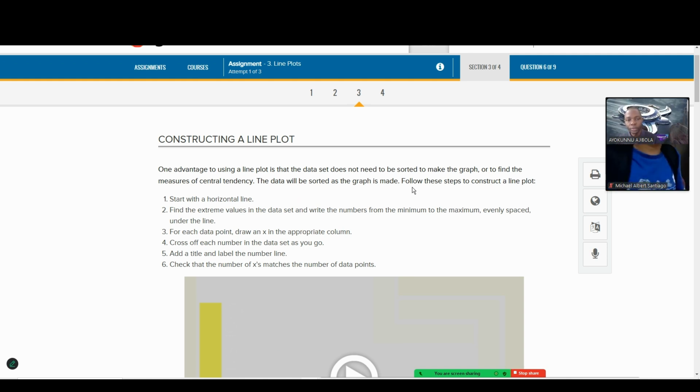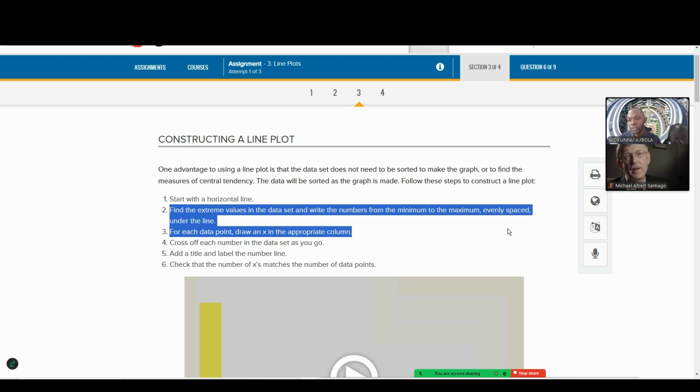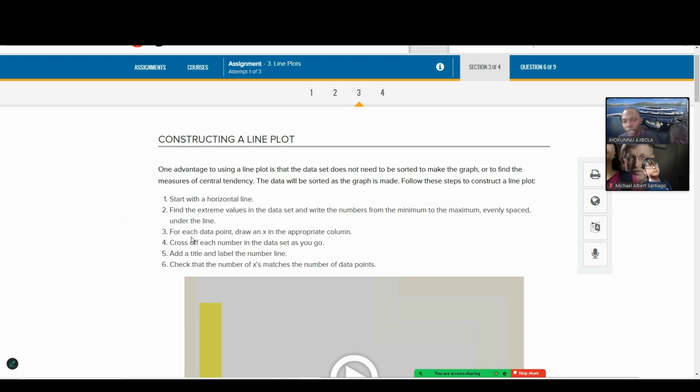So you have to follow these steps to construct one. The first step is that you start with a horizontal line, then you find the extreme values in the data and write the numbers from the minimum to the maximum evenly spaced, like what we've seen in the other place. Then for each data point, draw an X or a circle in the appropriate column.